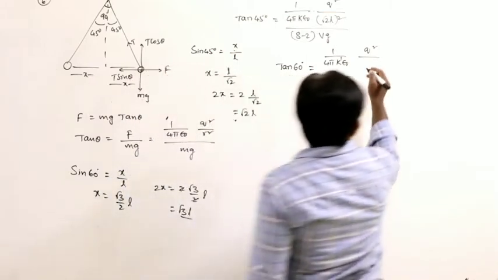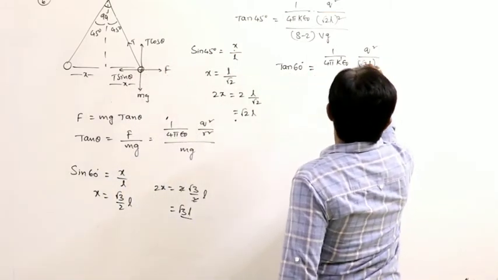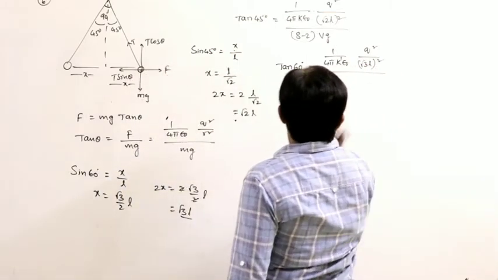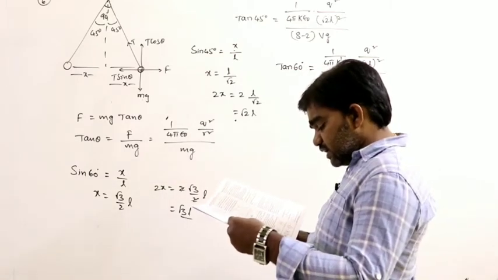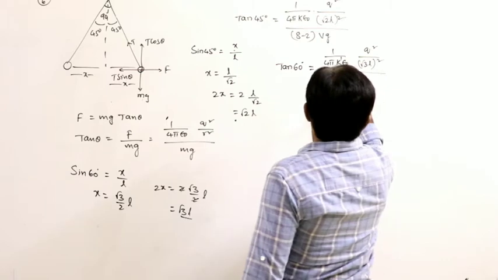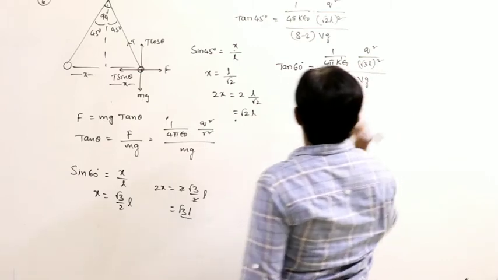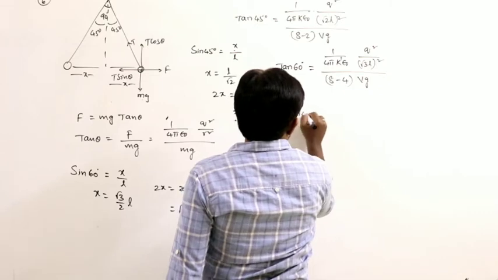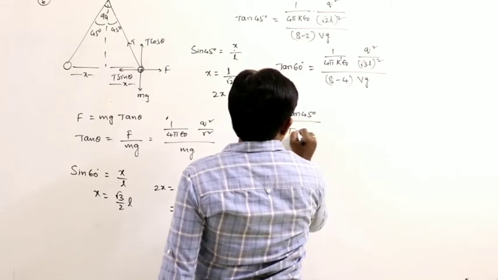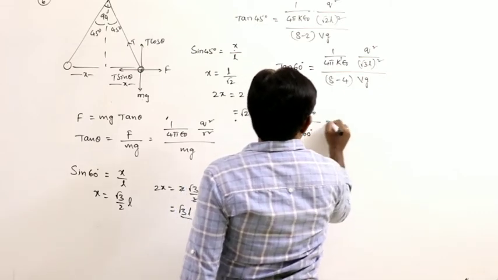So that's why (root 3 L) whole square divided by, density of the material, and the specific gravity in the second case is given as 4, so 8 minus 4 into Vg. So here the ratio of these two, tan 45 divided by tan 60.